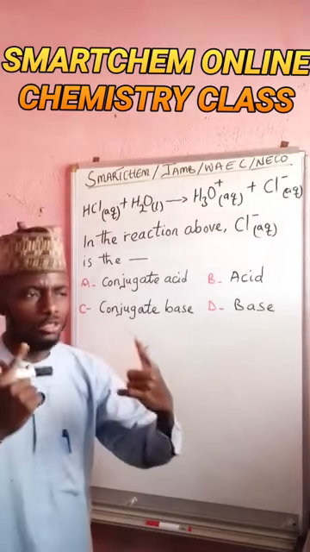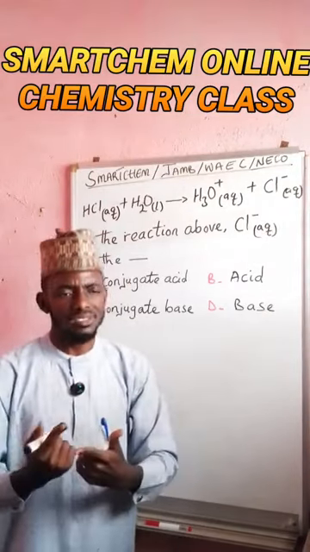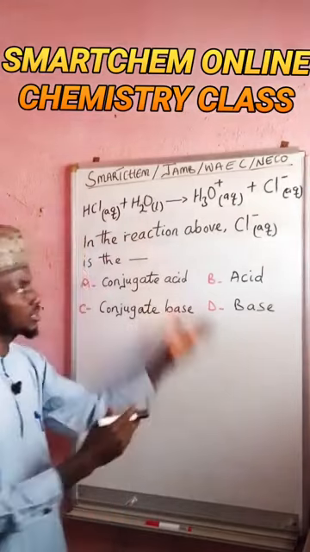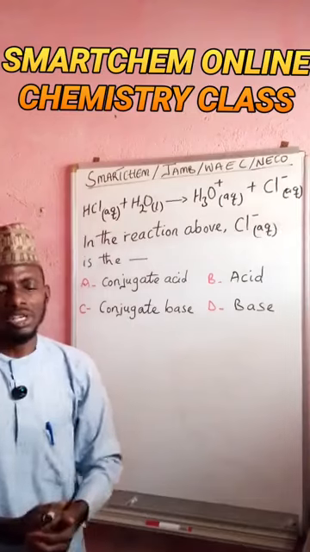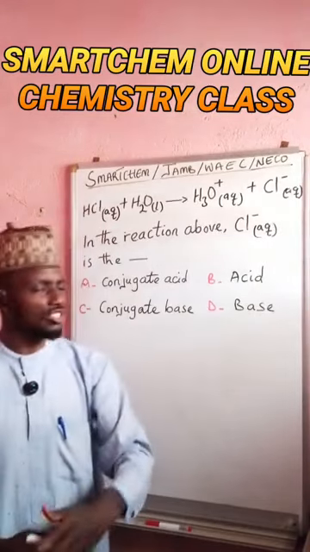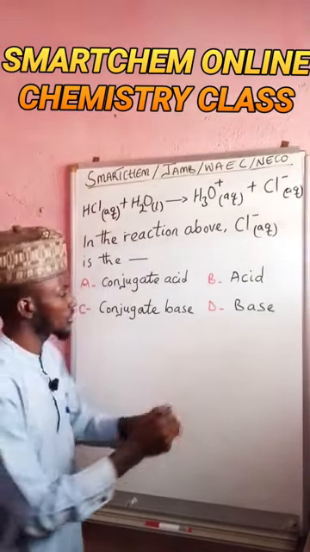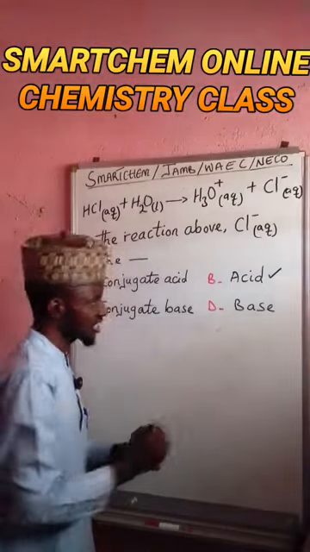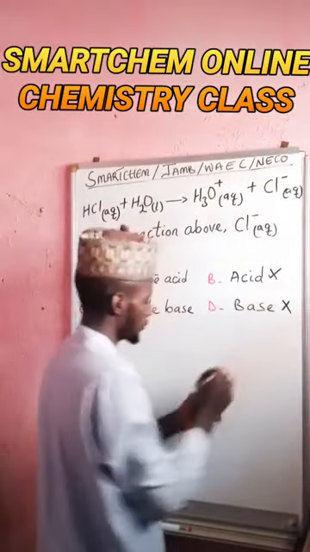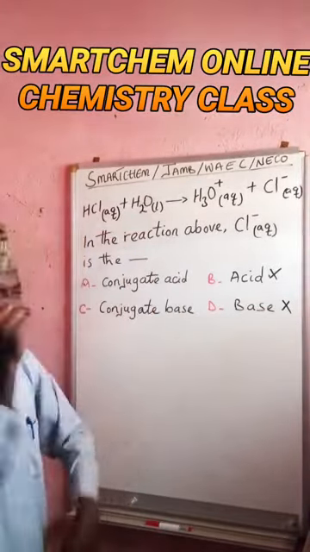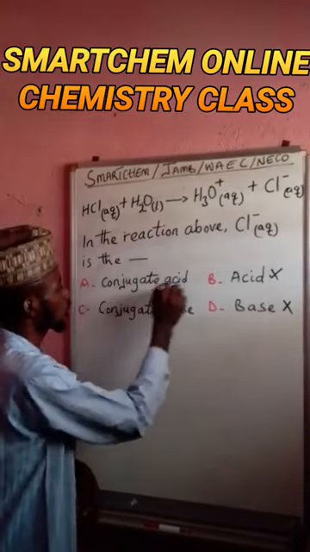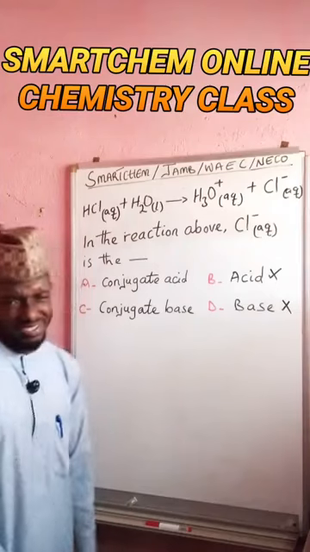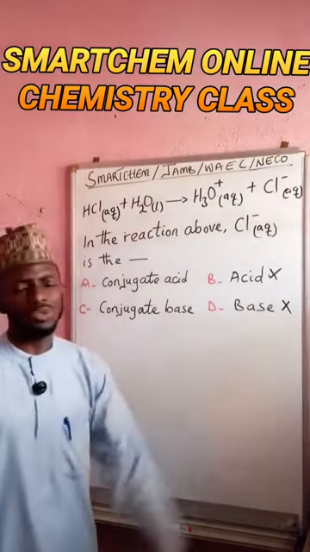You should recall the concept of acids and bases. When you recall that, you can simply go ahead and answer this question. From the knowledge of acids and bases, you know the answer will not be acid and will not be base. The answer is definitely going to fall under conjugate acid or conjugate base. So now, which one is the correct answer?